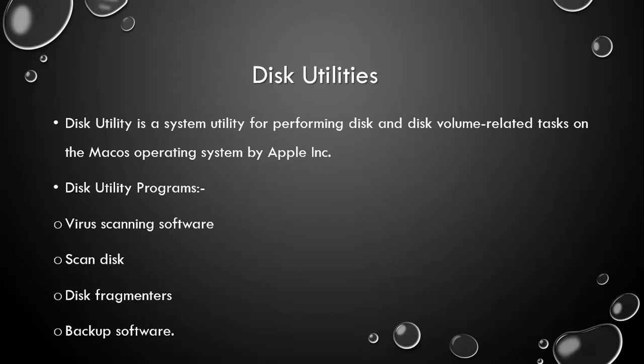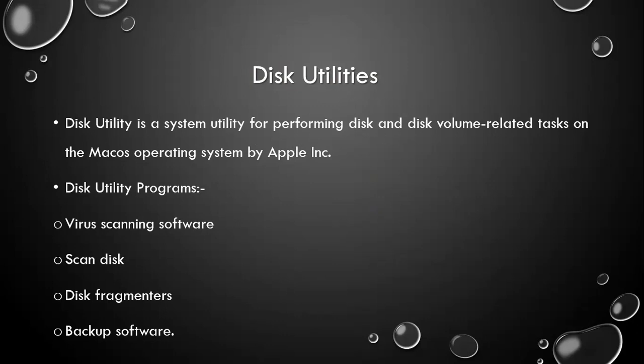The third one is disk fragmenters. Disk fragmenters increase data access speed by rearranging files stored on a disk. So it rearranges files and increases the access speed. The last one is backup software.